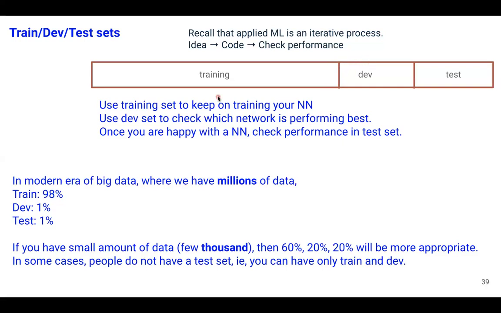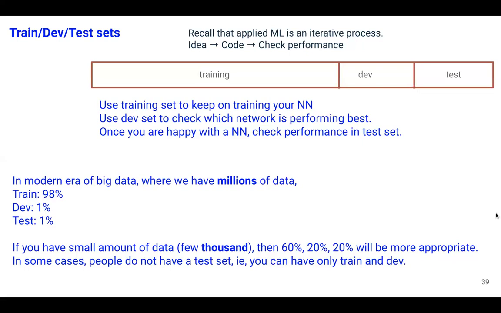So you keep changing your hyperparameters and keep checking the performance in the dev set. And then at some point, when you are fairly happy with the performance of your neural network, you check the performance in a completely new test set, which was not used so far in training and checking. So this will give you a completely independent test or check of how it is doing.